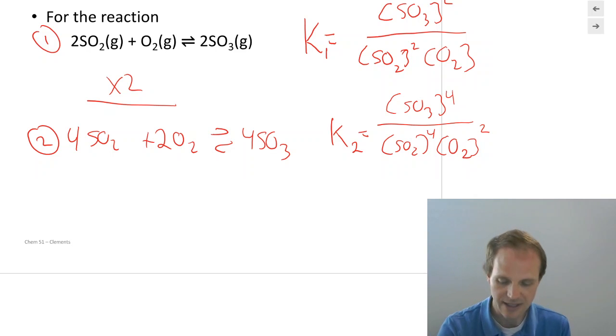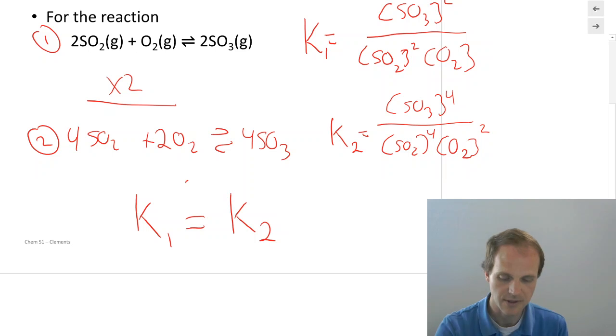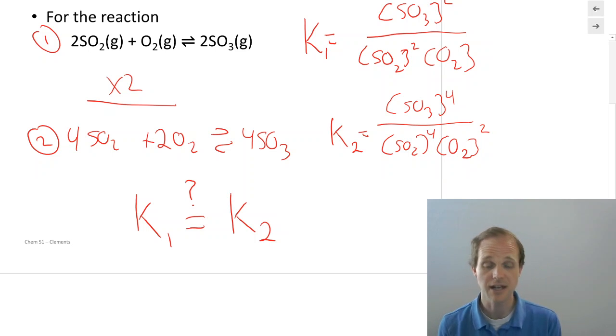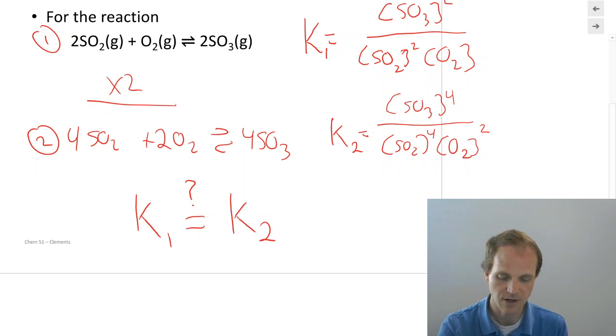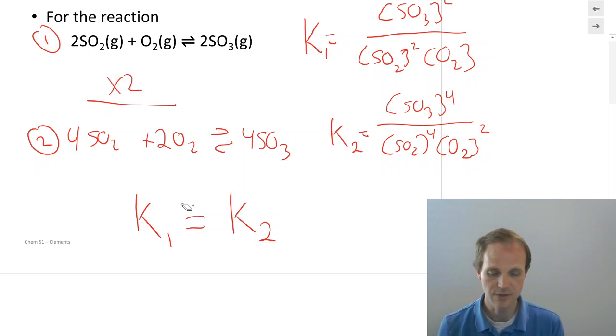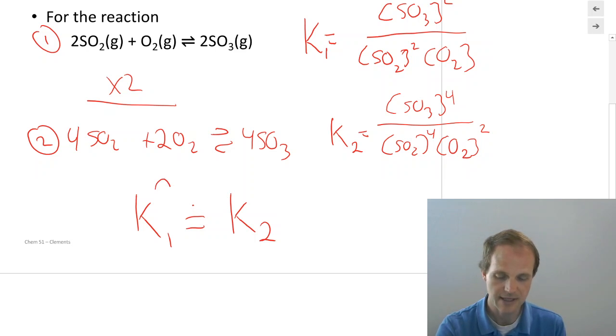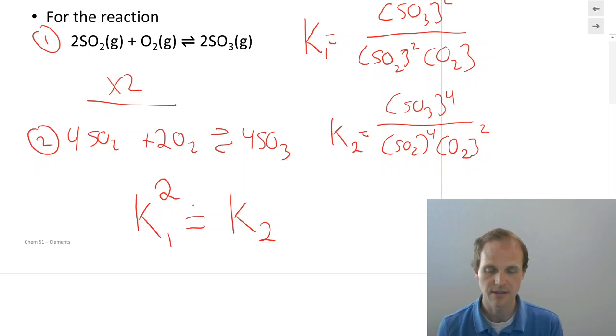So how are K1 and K2 related? They're certainly not equal, because one has a square on the top and one has a fourth power on the top. It turns out that if you take K1 and square it, you'll get K2.